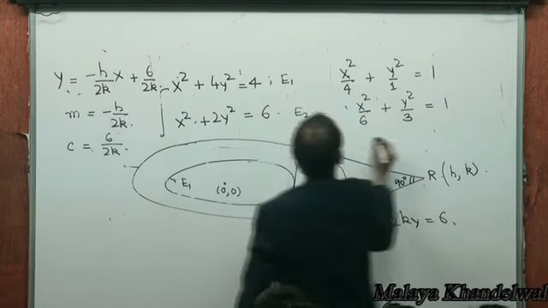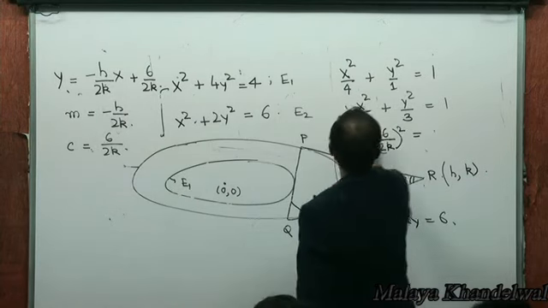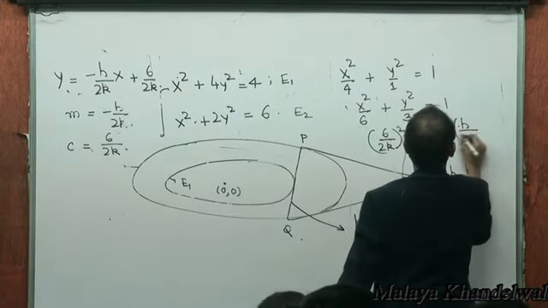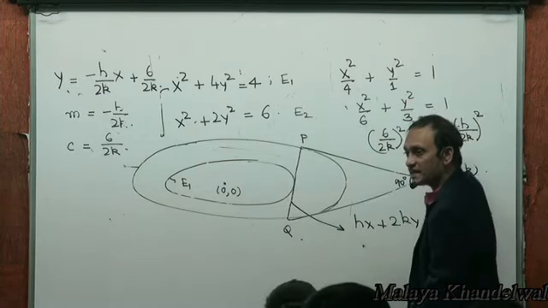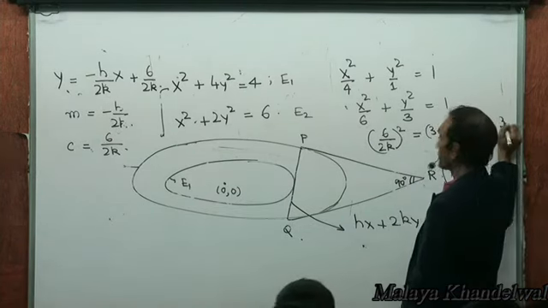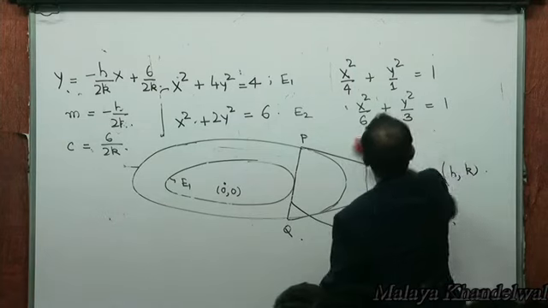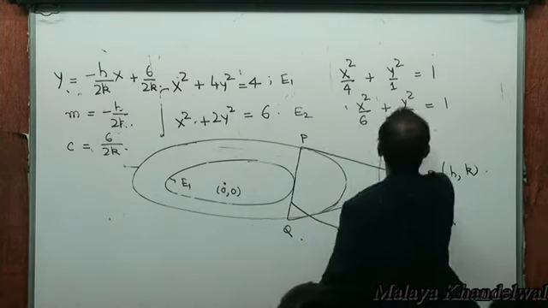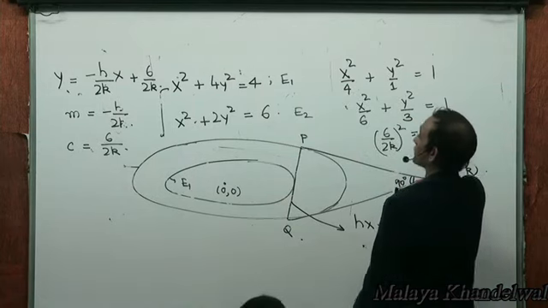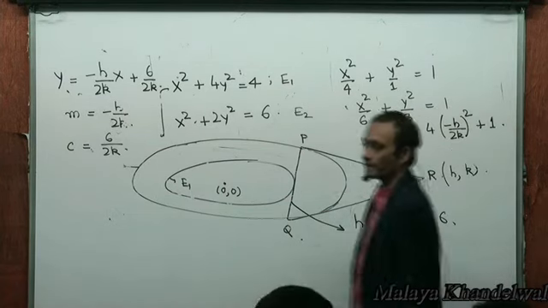So c squared, which is 6 by 2k whole squared, equals 4 into m squared plus 1, right?